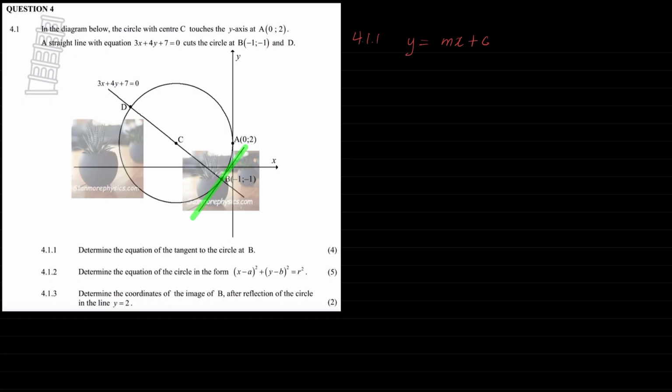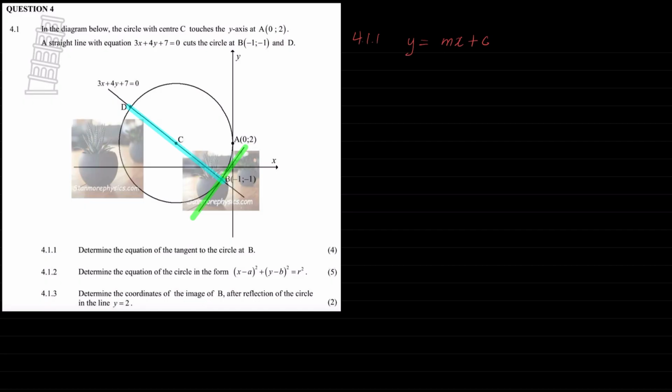Instead, if we look at this line DB, we can work out the gradient of that line and then use the property of the radius and tangent being perpendicular to work out the gradient of the line in green. So first, let's work out the gradient of that line DB.